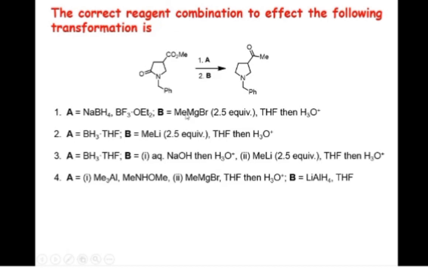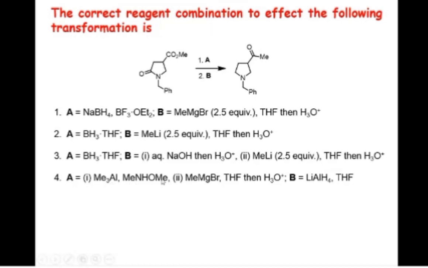Now, the second choice. Now we will shift towards the fourth option. In the fourth case, first of all, we have to find out what the A reaction condition could be. That A reaction condition is given as trimethyl aluminum, then MeNH-OMe.